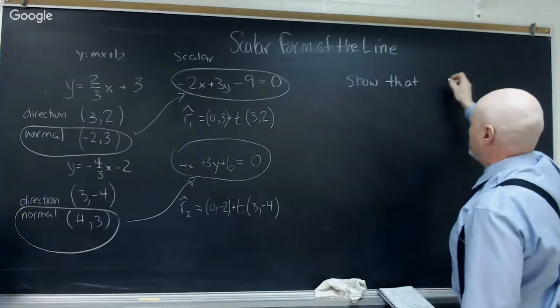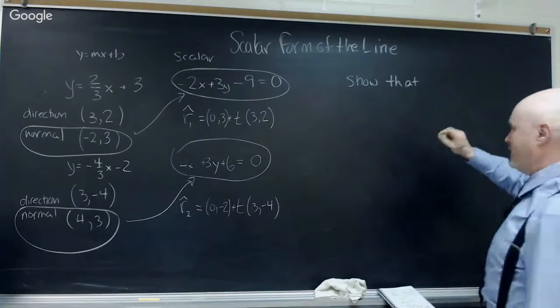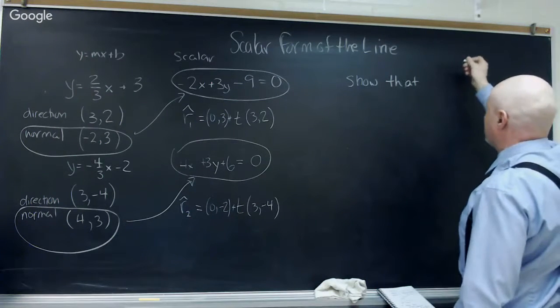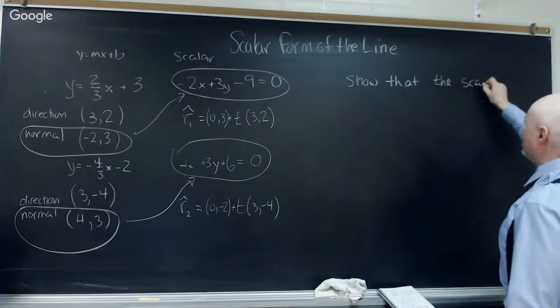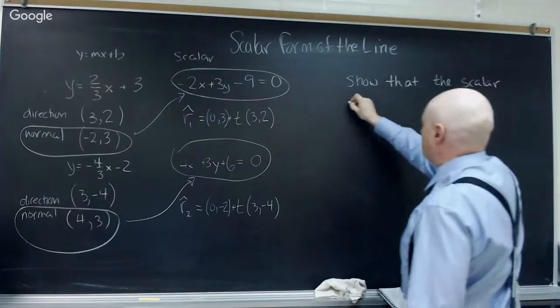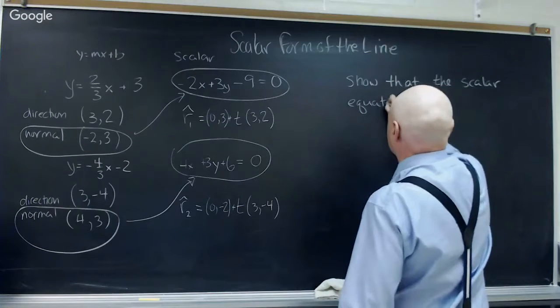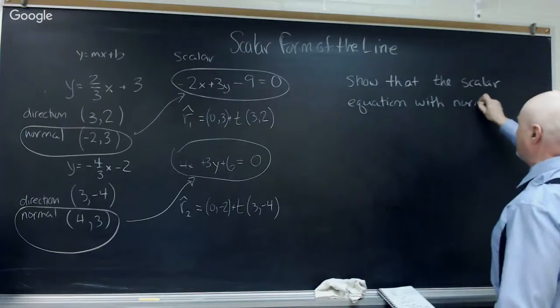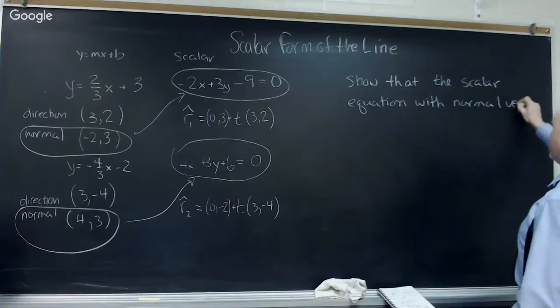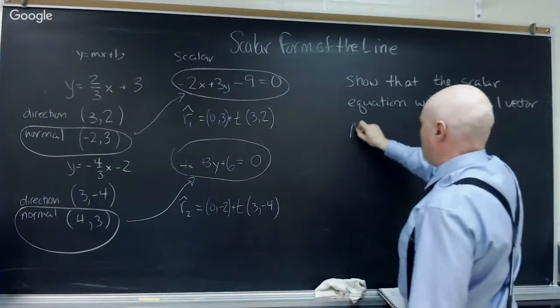So I'm just going to go into one of those nice "show that" problems. Show that the scalar equation with normal vector AB.